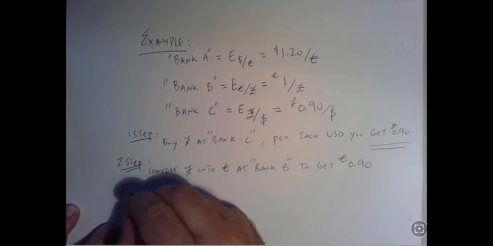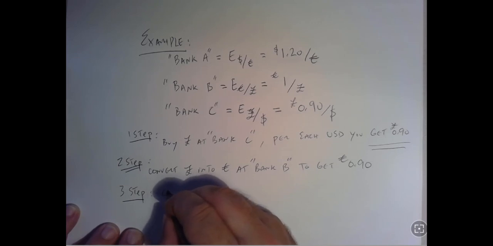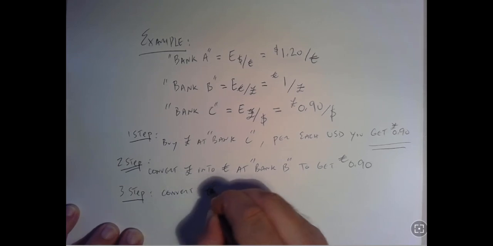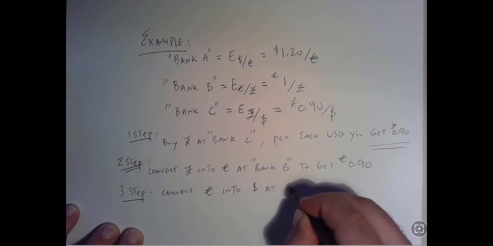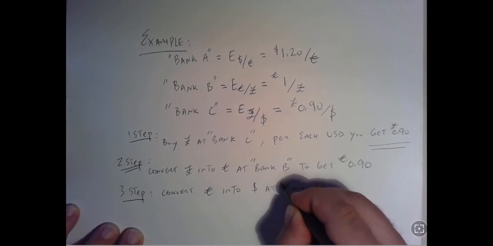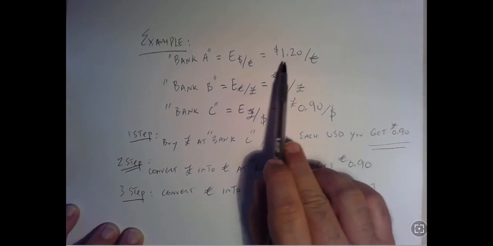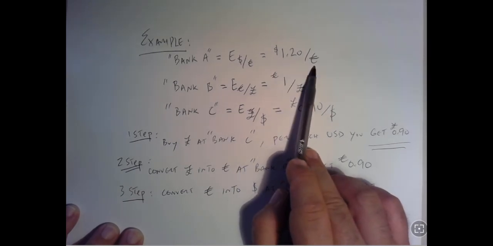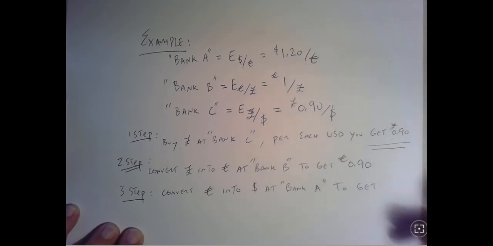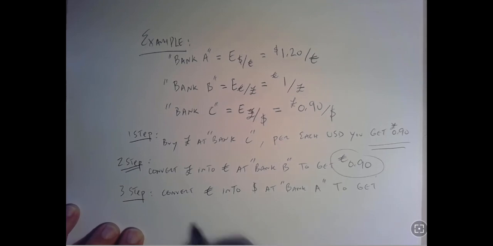Step 3. Convert euros into dollars at Bank A. Here it says that you're going to get $1.20 per each euro. So I want to convert 0.90 euros.